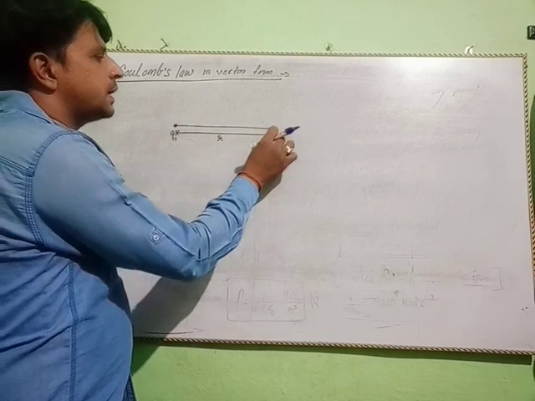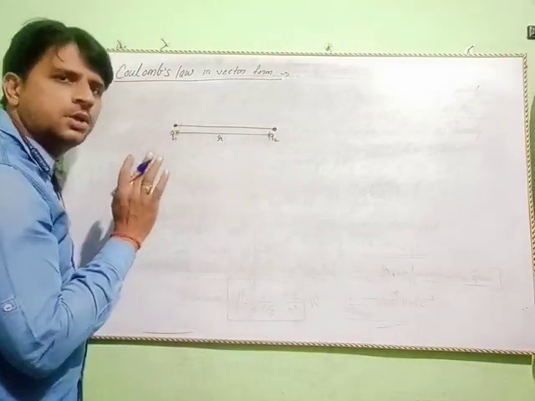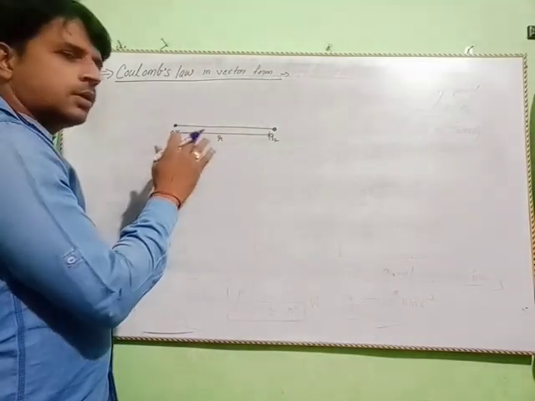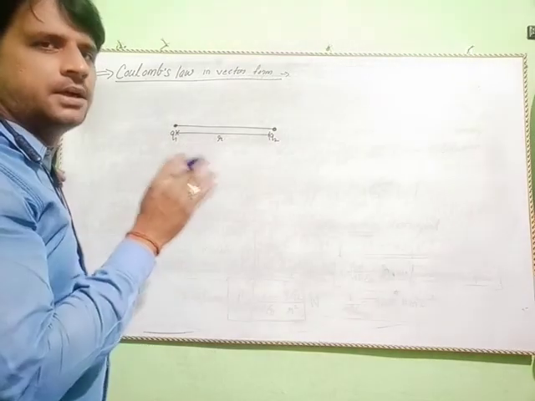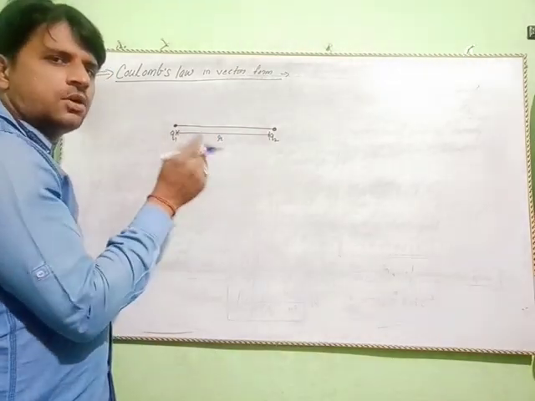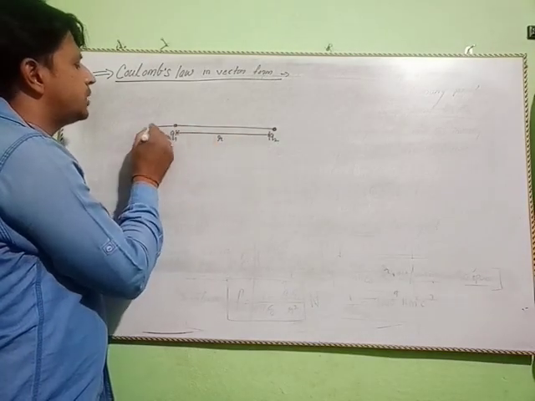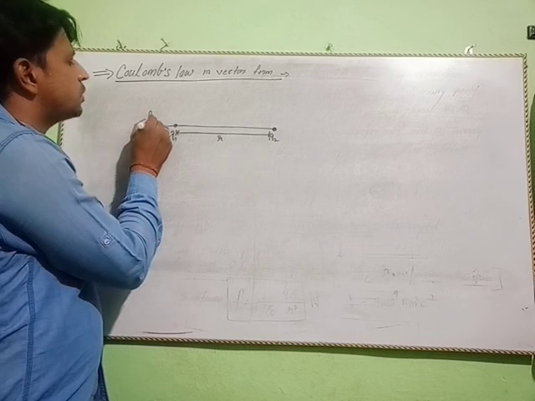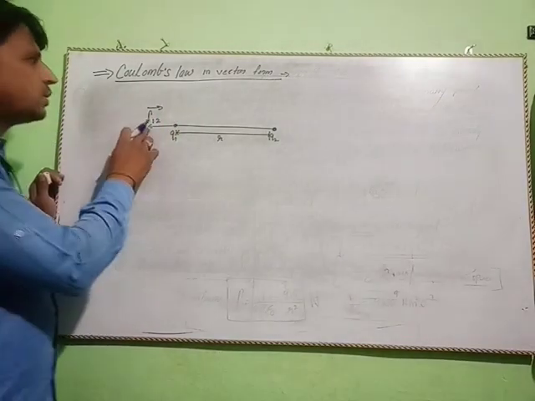Q1 पे एक फोर्स लगेगा ड्यू टू Q2 और Q2 पे एक फोर्स लगेगा ड्यू टू Q1. अब what will be the nature of force? That will depend on the nature of charge, either attractive or repulsive. तो हम मान लेते हैं बोथ द चार्जेस आर ऑफ सेम नेचर, तो दे विल रिपेल ईच अदर. तो Q1 को Q2 इधर रिपेल करेगा, फोर्स ऑन वन ड्यू टू सेकेंड. दिस विल बी द डायरेक्शन ऑफ फोर्स.